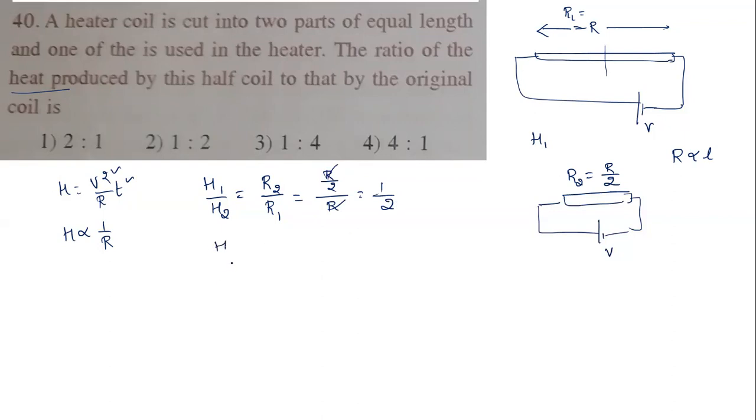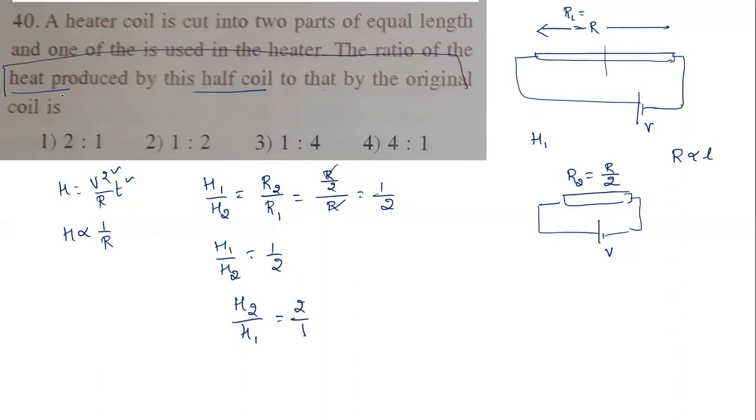So H1 by H2 is 1 by 2, which is original to second. But they are asking for the ratio of heat produced by the half to the original, so I should take H2 by H1, which becomes 2 by 1. This is a very important portion.